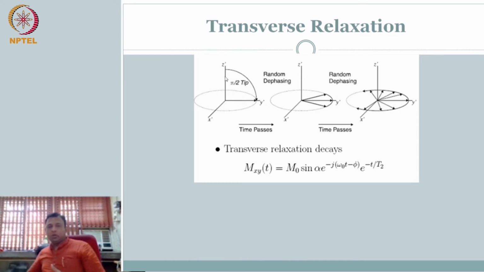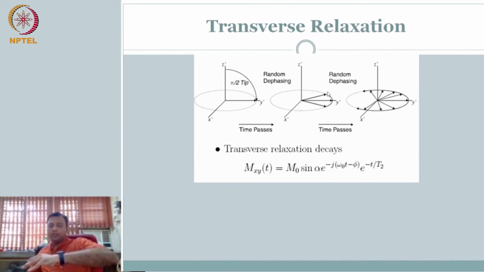Initially, notice it is all Z dash, X dash, Y dash, meaning I am sitting in the circular rotating frame of reference. So I have the magnetization vector. I put a pi by 2 excitation, so it has fallen down. After I stop the excitation pulse, what happens? Immediately it will start to dephase, and therefore the signal starts to go down.